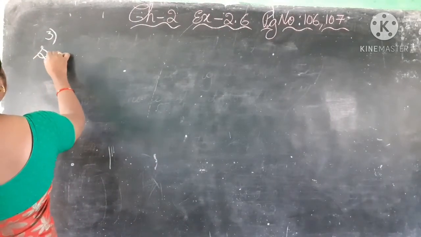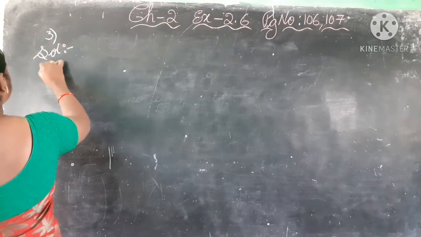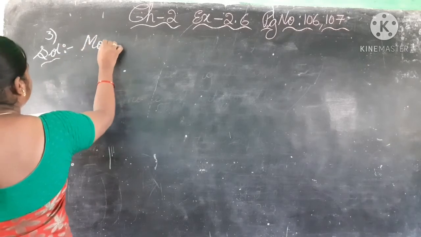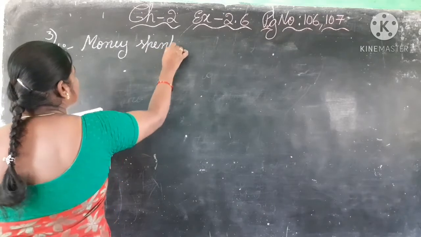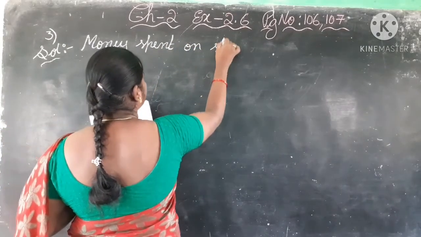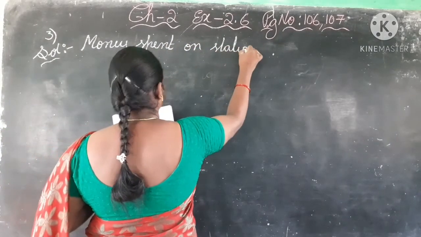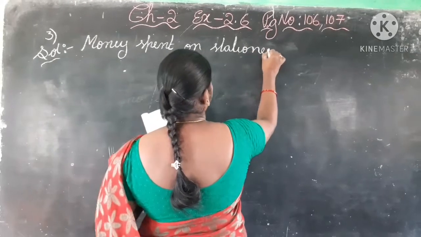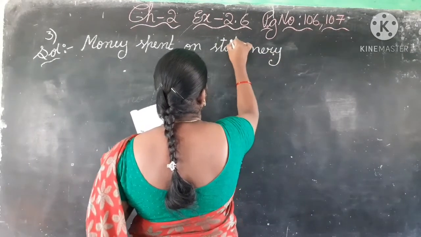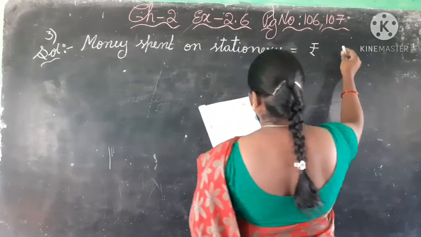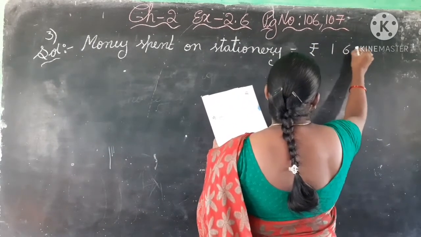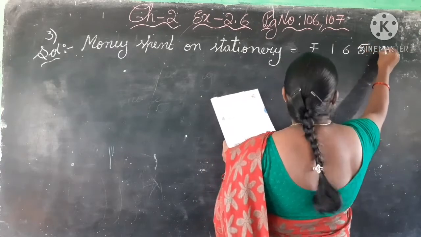See the solution for the third one. Money spent on stationery is equal to rupees 165.20.